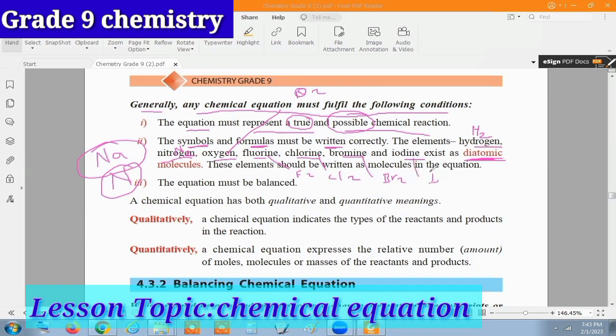And iodine, I2. Because these elements exist as diatomic molecules, when they are in our reaction we have to use them as diatomic molecules.